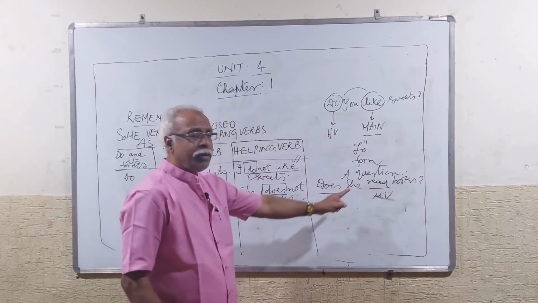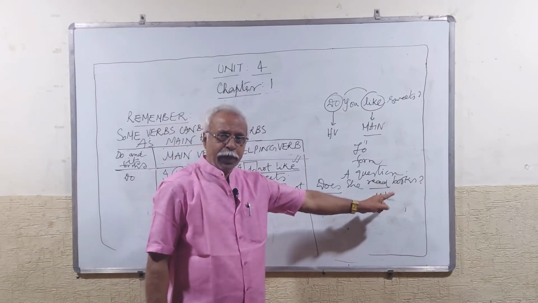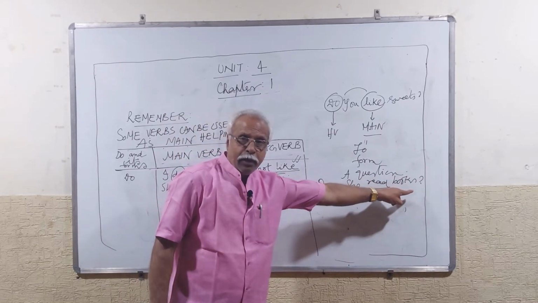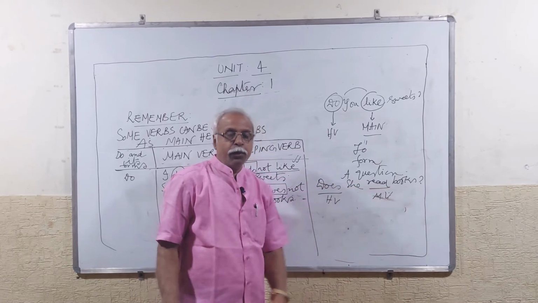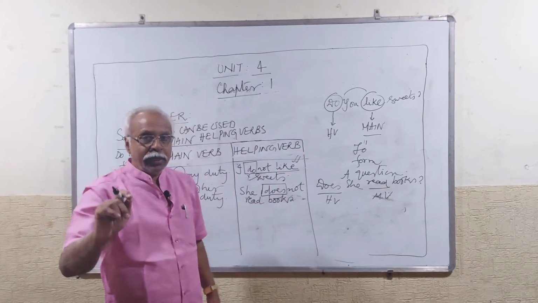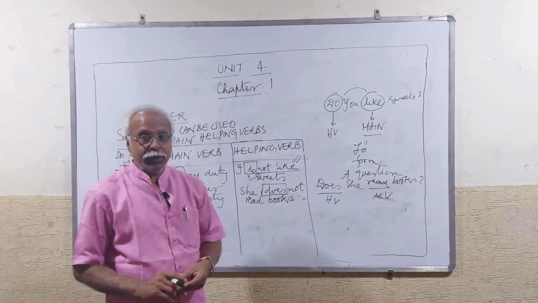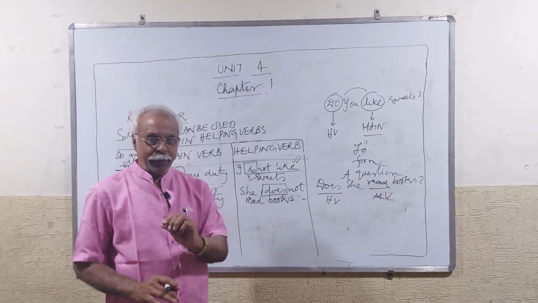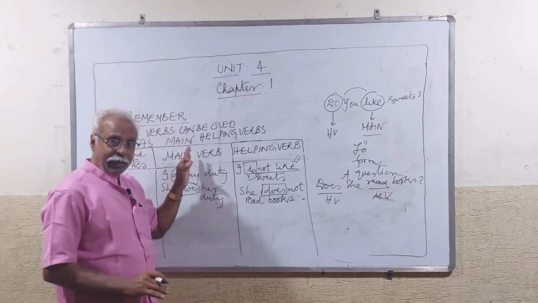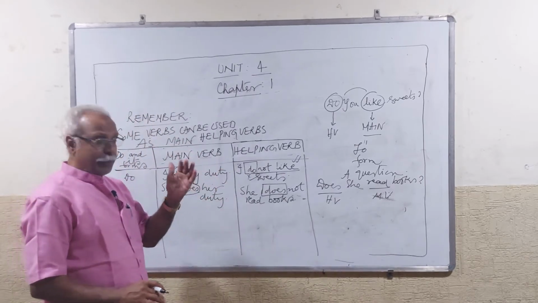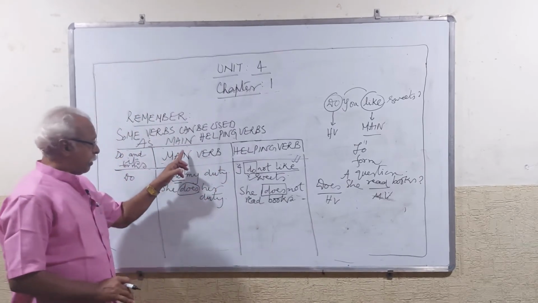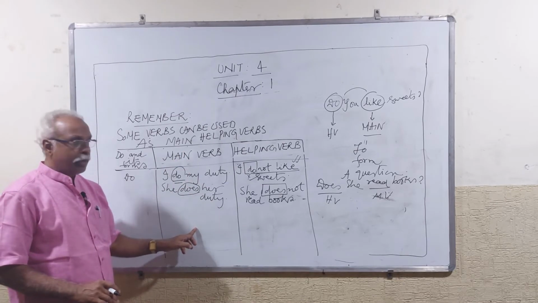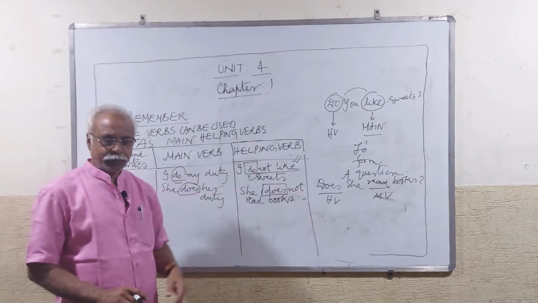Does is helping read, which is a main verb, to form an interrogative sentence. So, with the help of do and does, we can make negatives and interrogatives. Now tell me from this short explanation, what do you understand? This do and does and sometimes did also can be used as main verbs as well as helping verbs.